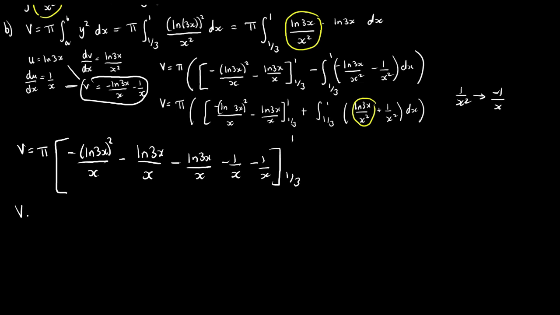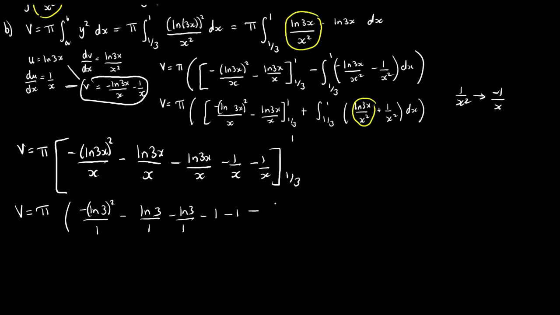Let's put the value for 1 in. Don't forget that pi there. I get minus log 3 squared over 1, minus log 3 over 1, minus log 3 over 1, minus 1, minus 1.